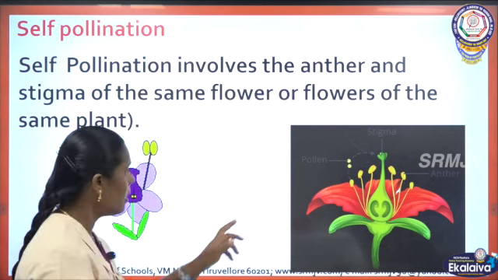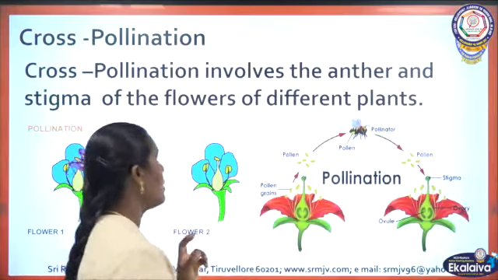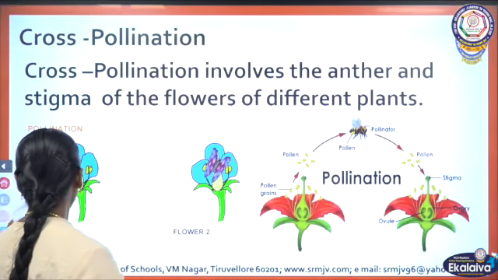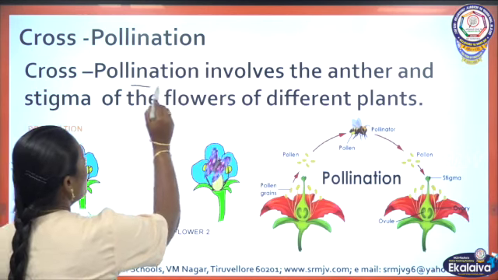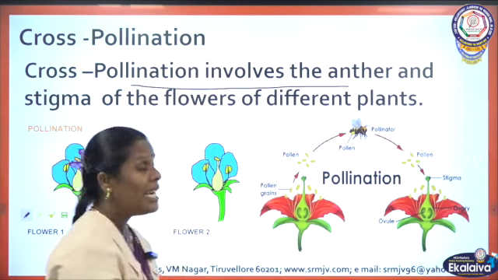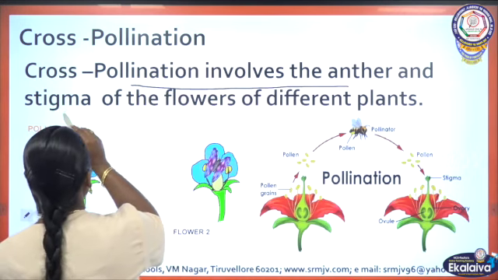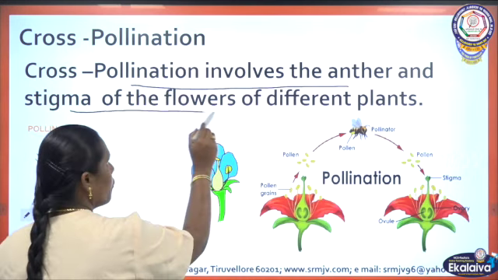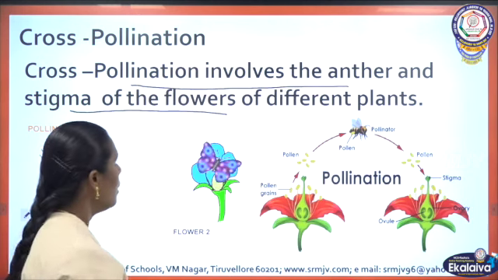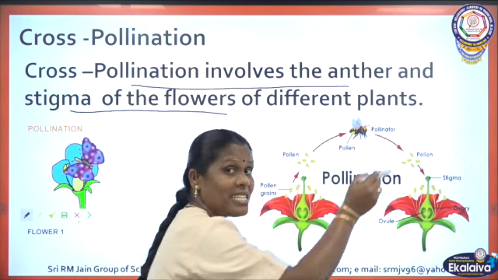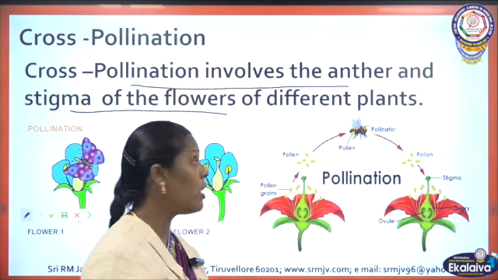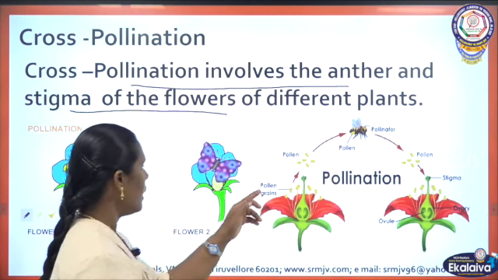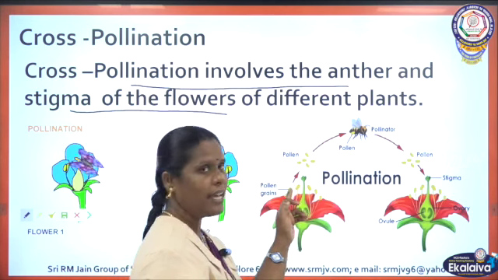The next one is cross-pollination. What is cross-pollination? Cross-pollination involves the anther and stigma of flowers of different plants of the same species. That is called cross-pollination. You see, here, this is an anther.